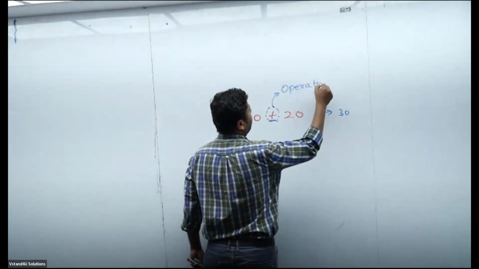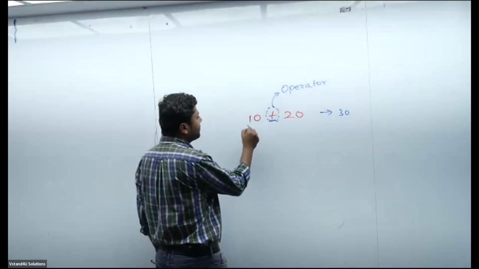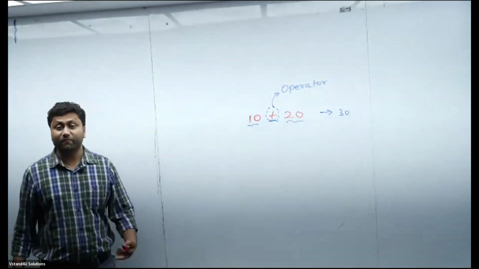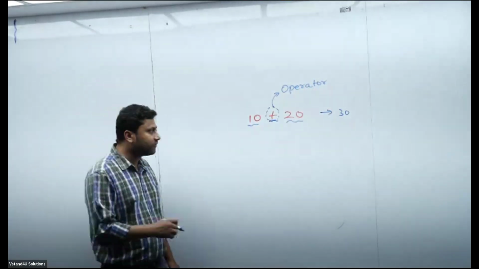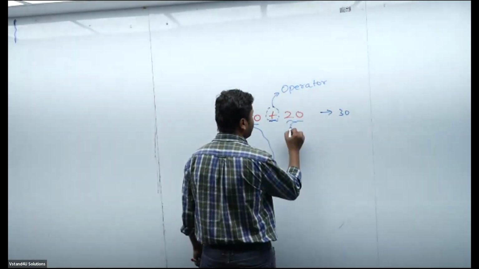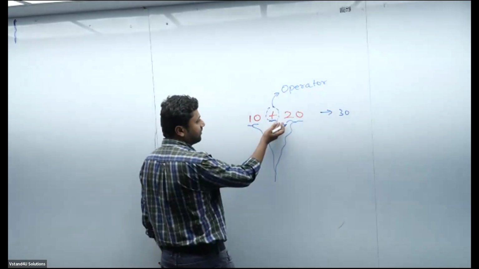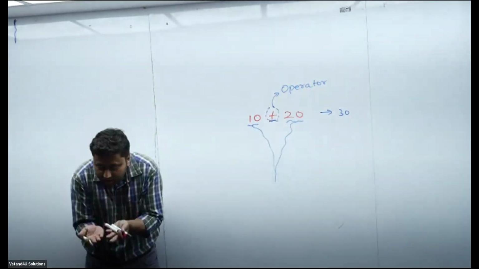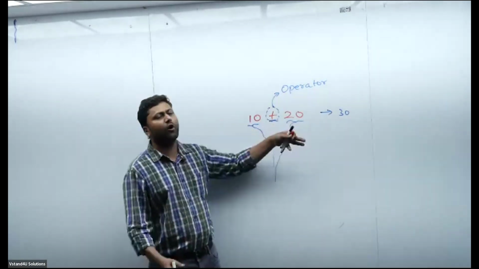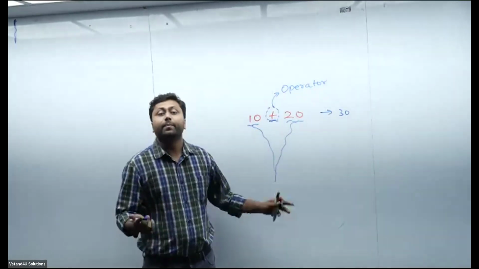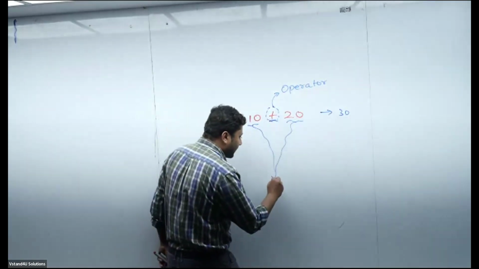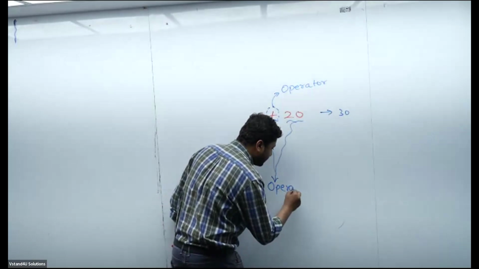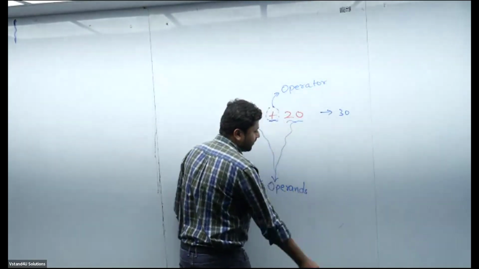And what about these two things, sir? They are values, data on which you are performing the operation. Directly a value or within a variable. These are technically called operands.